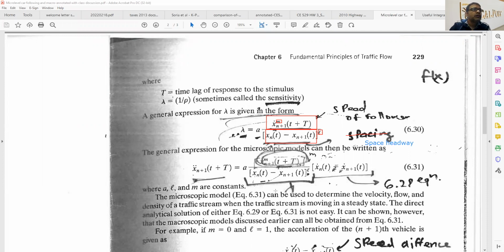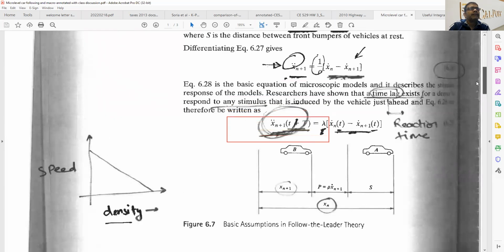Now, if you want to go back to equation 629, you can write the whole expression. Basically, this is combining this expression for lambda and the previous expression that we had for xn plus 1.